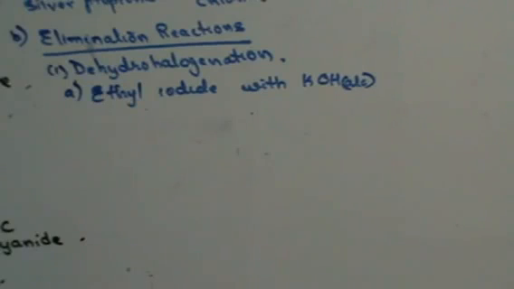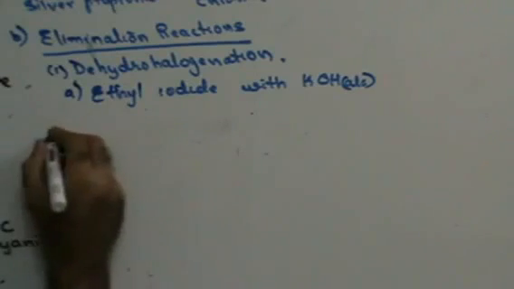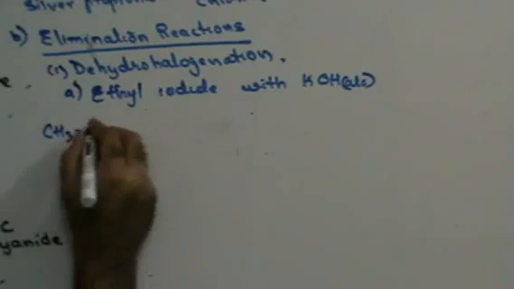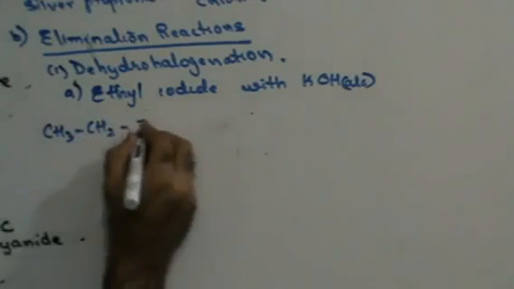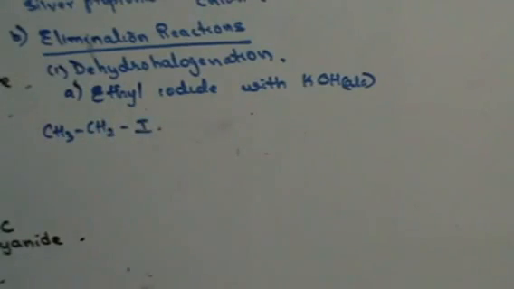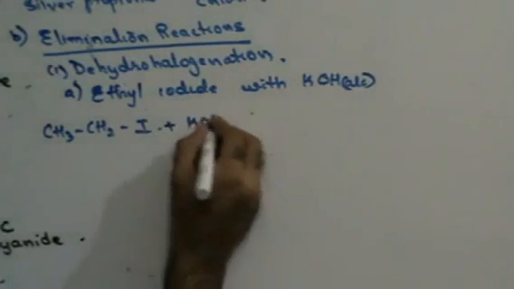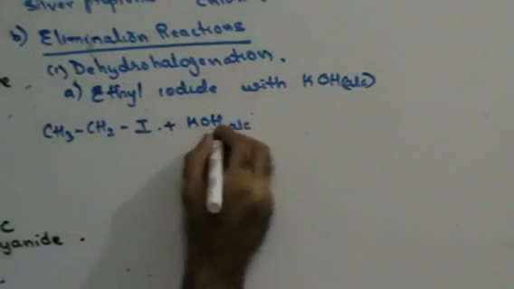What is the difference? There you had aqueous potassium hydroxide. Here you have alcoholic potassium hydroxide. Ethyl iodide, CH3CH2I, reacts with alcoholic KOH.